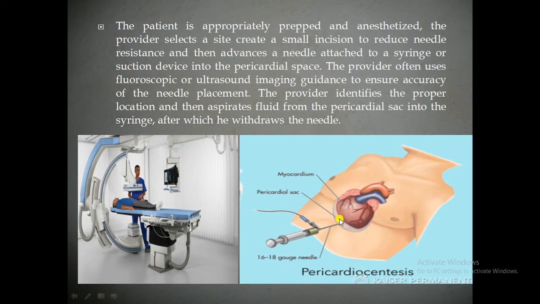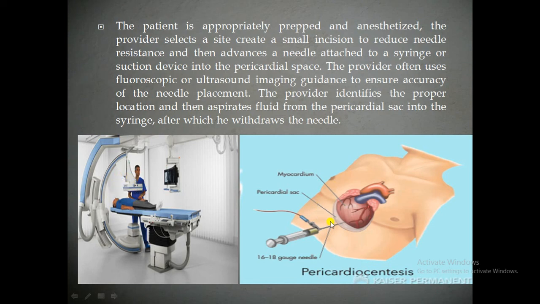So this is the exact procedure the physician will do. What exactly is he doing? He will prepare the patient, give the anesthesia, and then create an incision, and then advance a needle into the space like this. To know the exact needle location, he will also use the fluoroscopic or ultrasound image guidance.